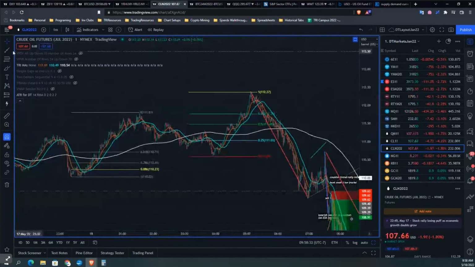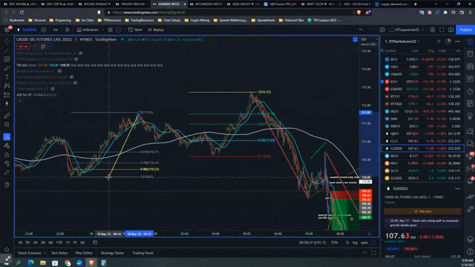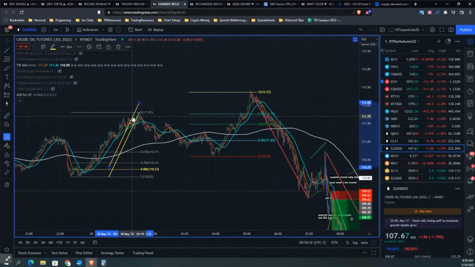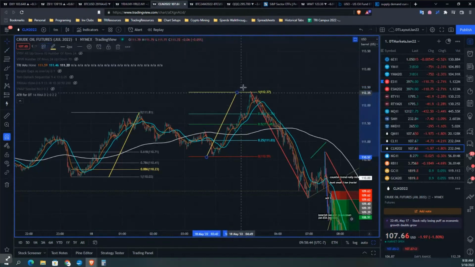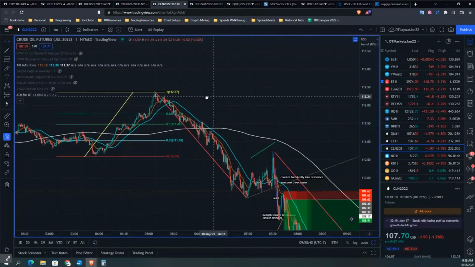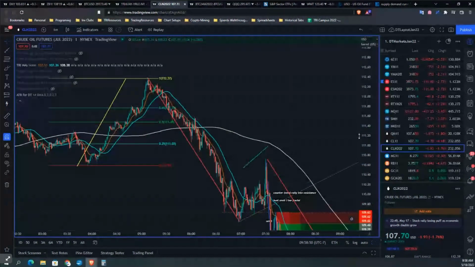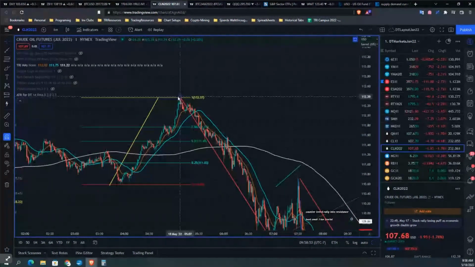Did this market stop because of the bull A, B, C, D? Target hit. Or did it stop because we had some absolutely train wreck bearish econs that came out?